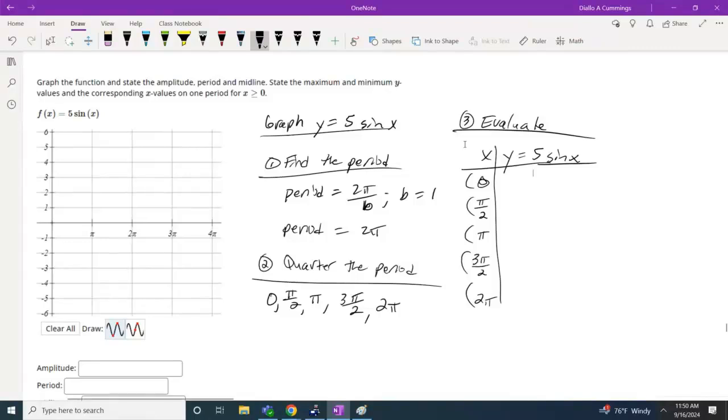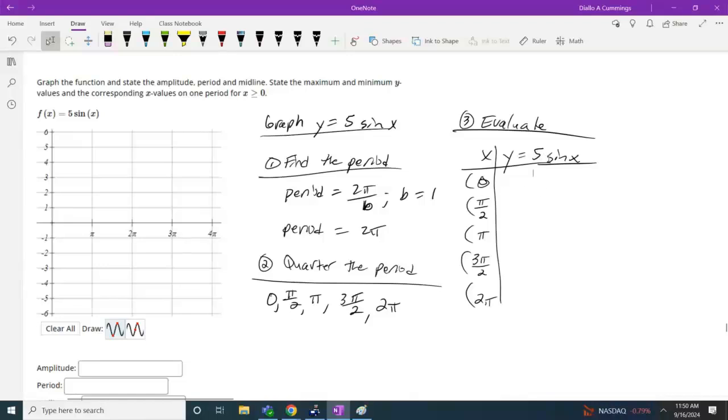I've listed out the quartered values as X. The Y values are going to equal my function, 5 times the sine of X. Now we're just going to plug in the values.